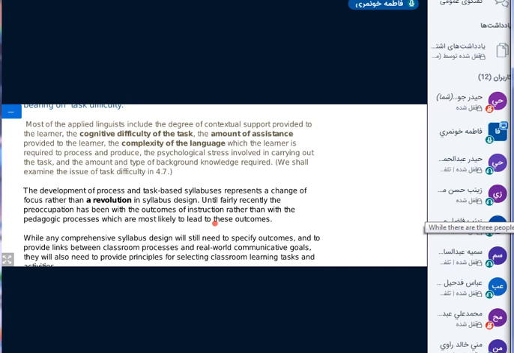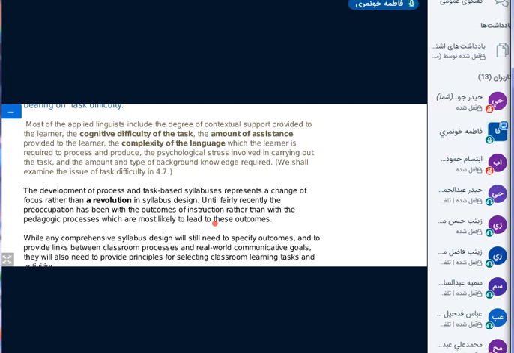The other way around is also true. That is, you give a kind of task in which to the advanced level students, the complexity of the language is not that high. It's very simple. So the students at the advanced level need to process this task and produce their own results. So this could be demotivating or boring for them because it's way too easy.